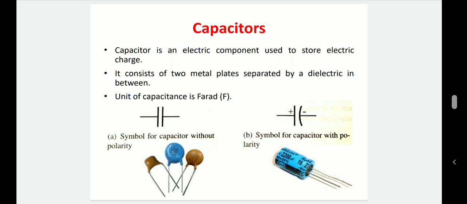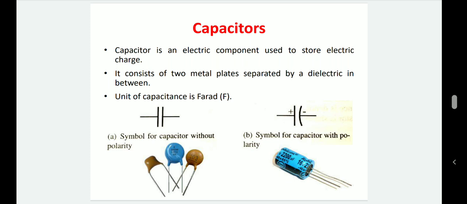Mainly there are two types of capacitors: without polarity and with polarity. The symbols for both types are shown here. The first symbol shows the capacitor without polarity, and the second symbol is for the capacitor with polarity.